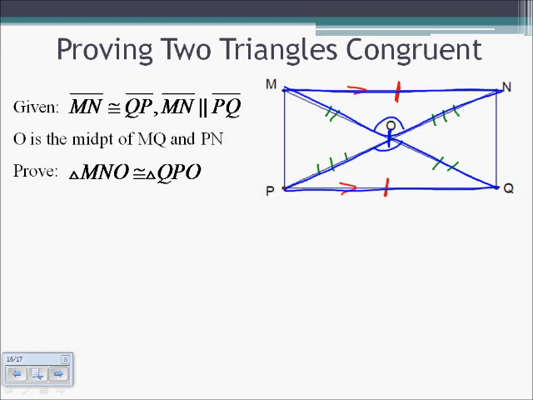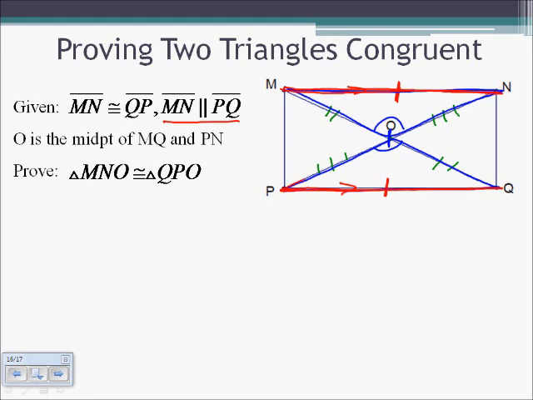And the last piece of the given information that we haven't used yet is MN parallel to PQ. Now, what does that mean? How does that help us? Well, I'll make it all red now. I'm looking at this red line MN and this red line PQ. We do have transversals that cut it.